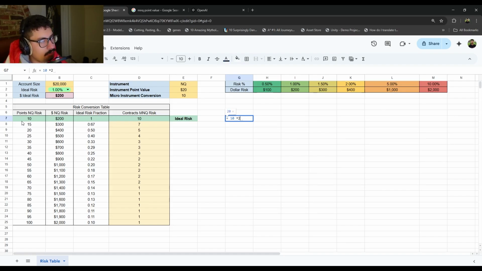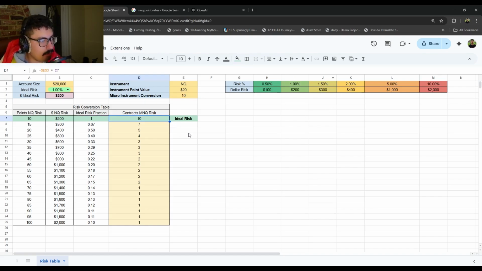No, sorry. Here we should be using MNQ, right? 10-point move times the $2 value of 1 micro NQ point times the 10 contracts we're risking here. $200.